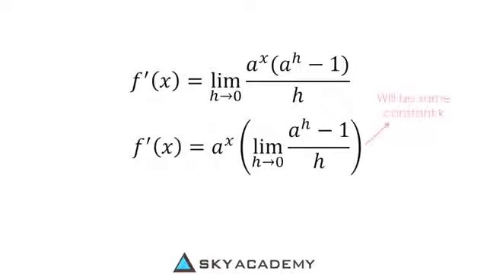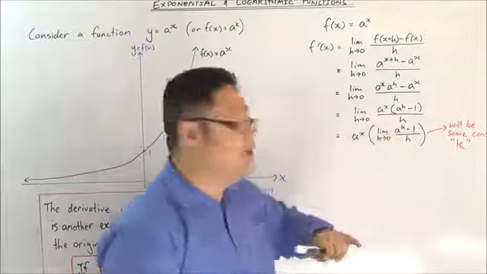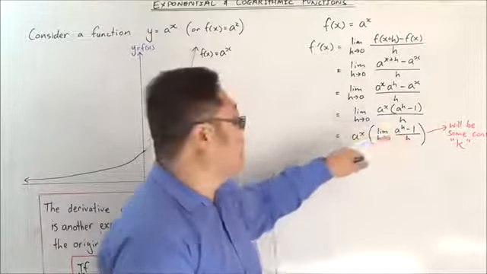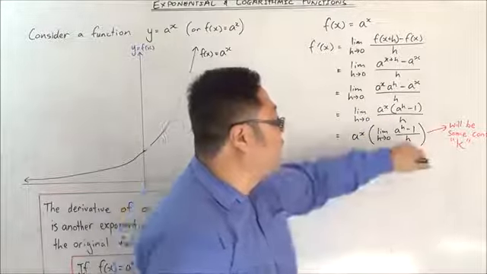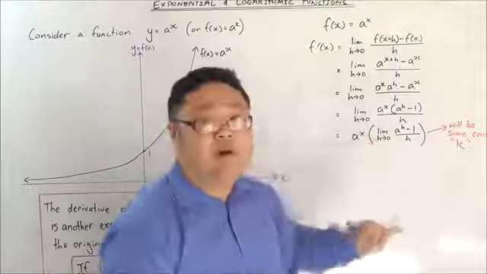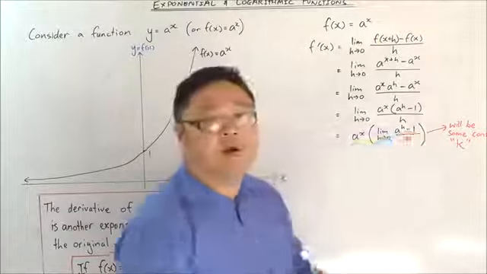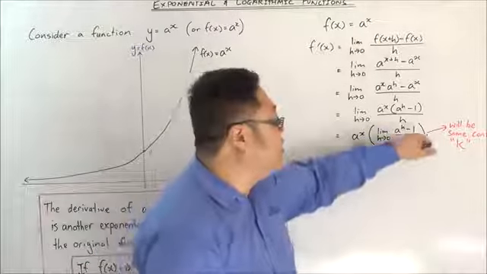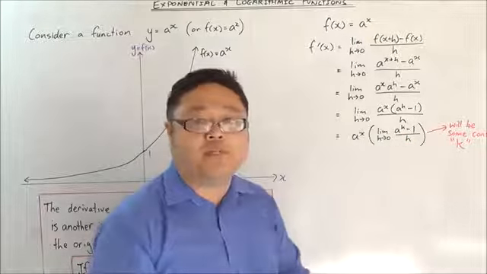It'll be a constant term, because what I want you to see is that a is a constant term, determined by the base of the exponential function. Then h is going to approach 0, and then you've got the minus 1, okay, so you've got no variables here, except this h approaching 0.